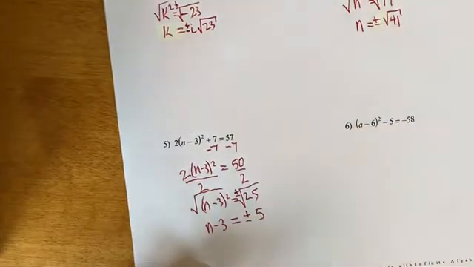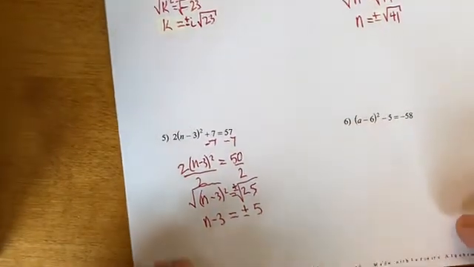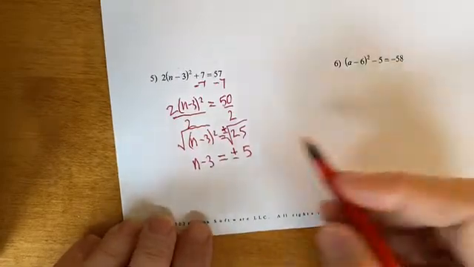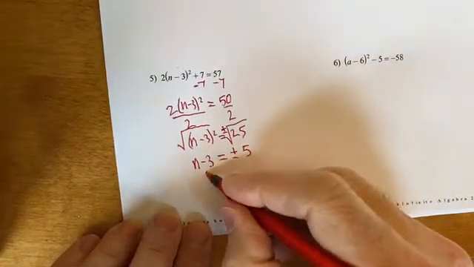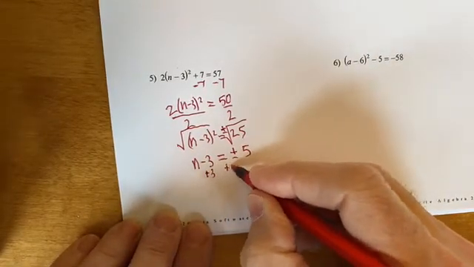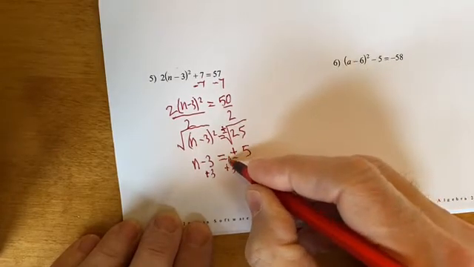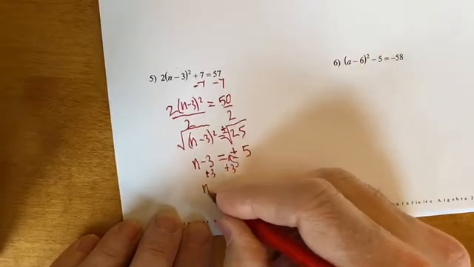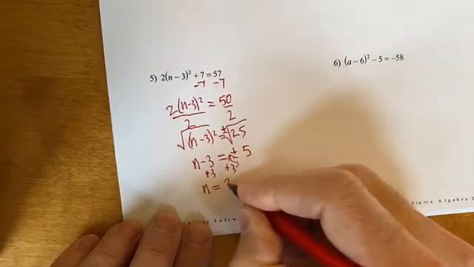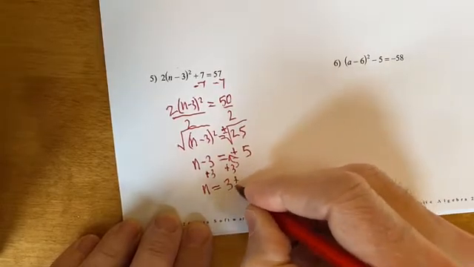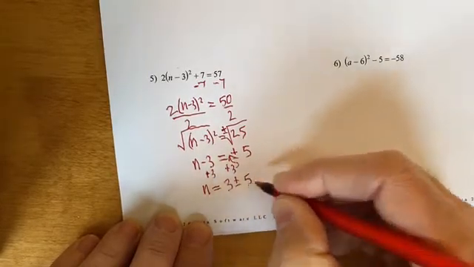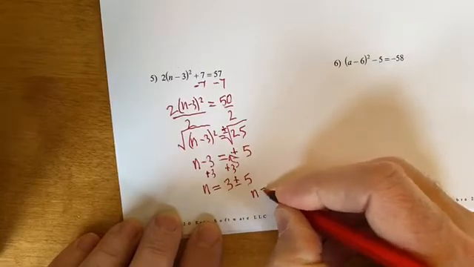But now, when you add 3 to both sides to get n alone, you have to squeeze it right in there. So n equals 3 plus or minus 5. Then you need to know what numbers those are.